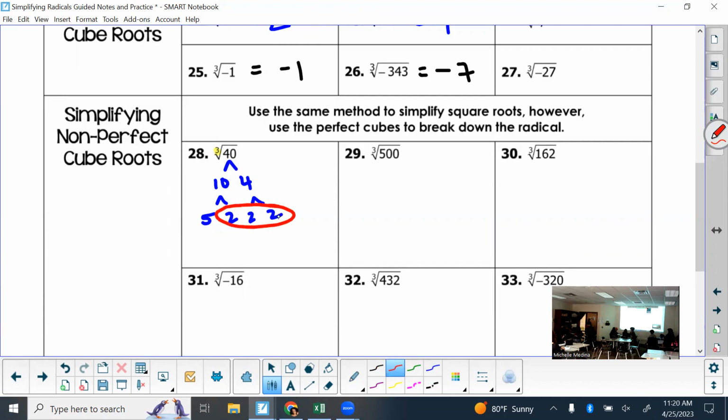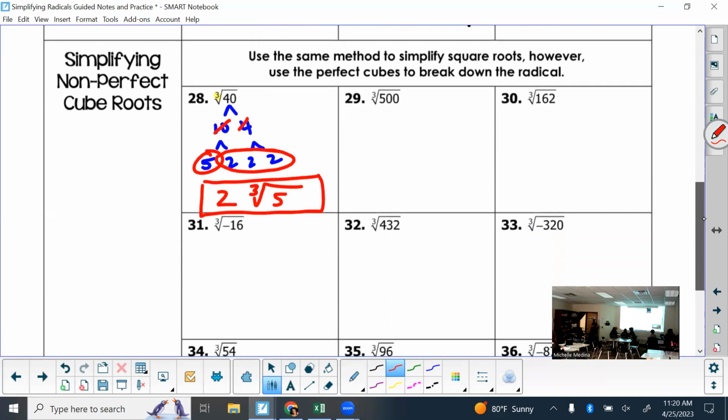So for each set, write it once and put it where? Outside the radical. Don't forget this is a cube root, so you need to show that. So 2 cube root 5. We still have a leftover number. These 2 were not prime, so we're not putting those in our radical. Really, I'm only showing you this part so that you can do the practice.